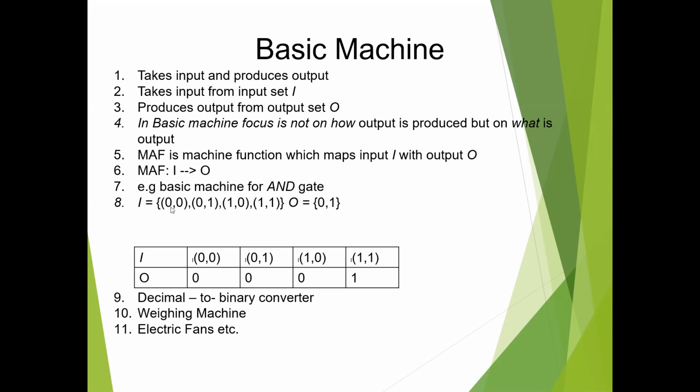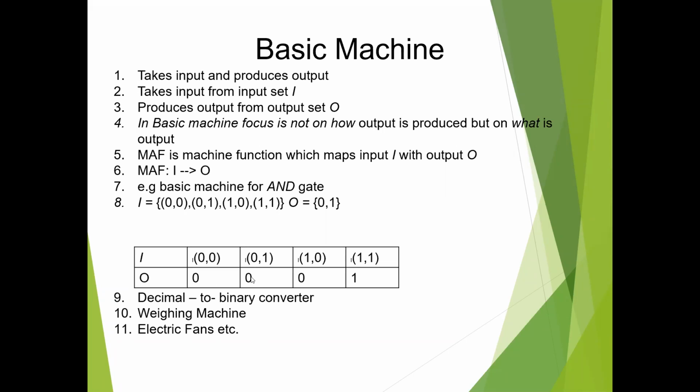So AND gate can accept the input 0 0, 0 1, 1 0, and 1 1. So when two inputs are given 0 0, if this pair of input is given, you know what will be the output, right? After giving input 0 0, you know the output will be 0.